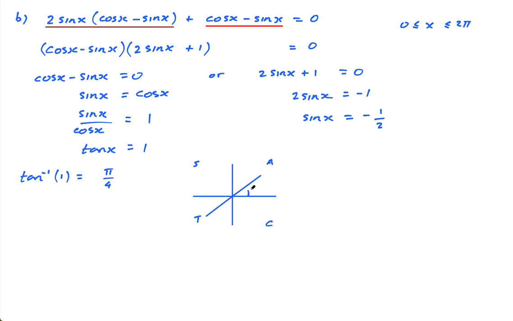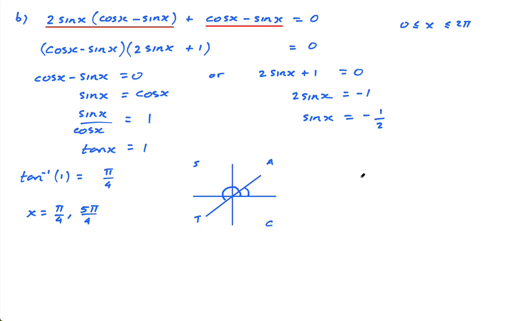So x is equal to pi over 4, or this one, which is 5 pi over 4, because it's pi plus pi over 4. Sometimes I like to do 1 pi over 4, 2 pi over 4, 3 pi over 4, 4 pi over 4, 5 pi over 4. So this is 5 pi over 4. And I stop there because x is between 0 and 2 pi.